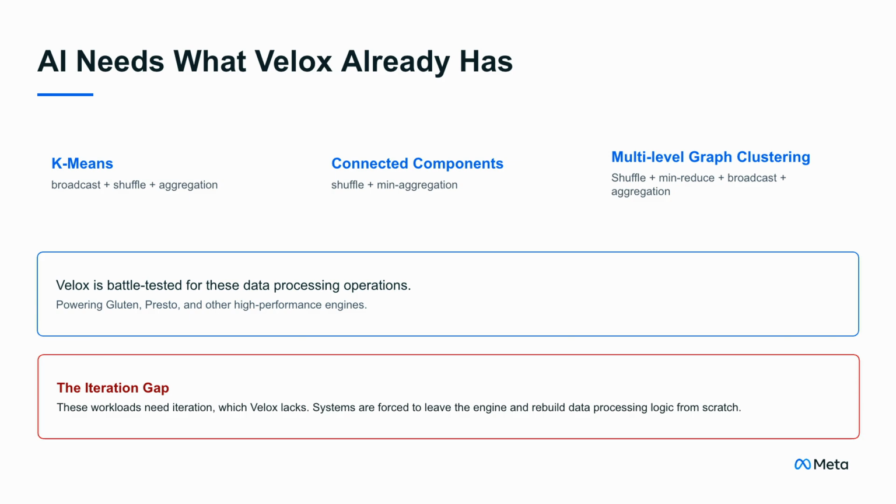For multi-level graph clustering, it's similar. You do shuffle, you do mean reduce, you do broadcast, then you aggregate. So these are data processing operators. This is essentially what Velox has been built for. But there is a catch. These workloads need iteration, and Velox doesn't have iteration.